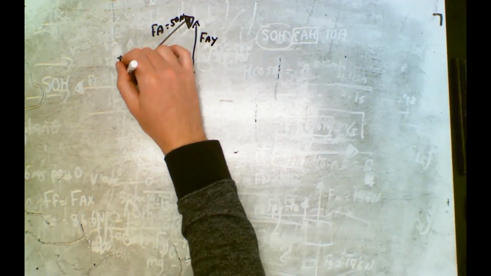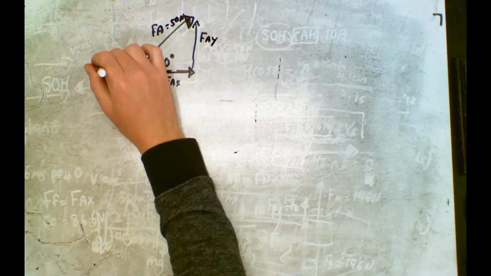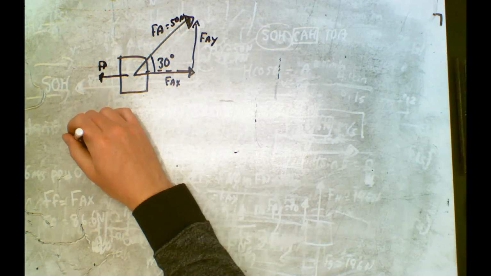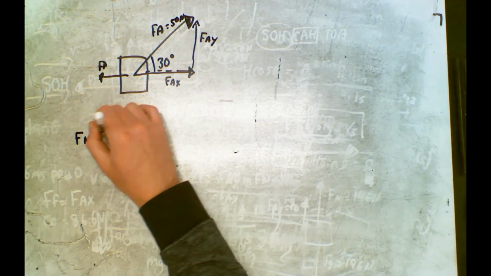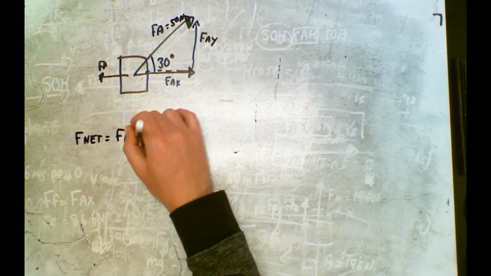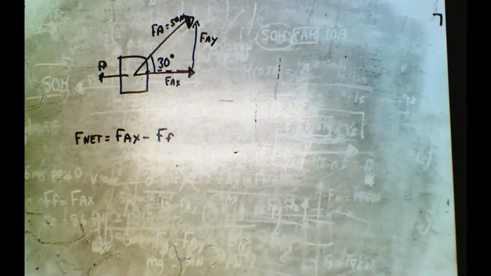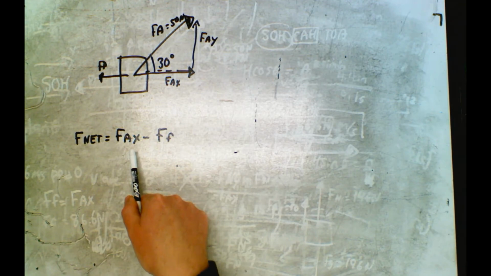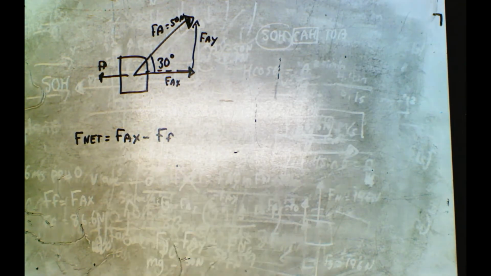And then we're going to have a force of friction, which is going to be smaller than our force applied in the x because it's accelerating. And if I wrote an F net equation, it's going to be force applied in the x minus my force of friction, right? And this is the only difference. When we were doing this in 1D, it was force applied minus force of friction. Now it's force applied in the x.